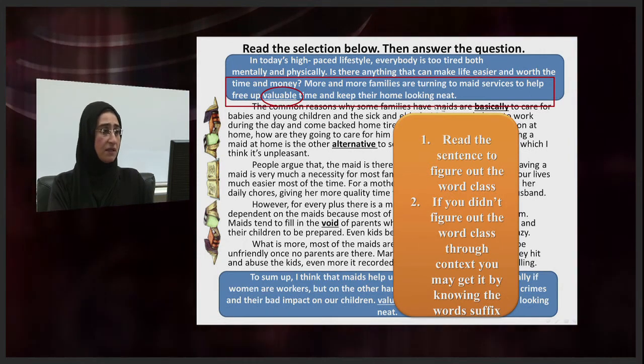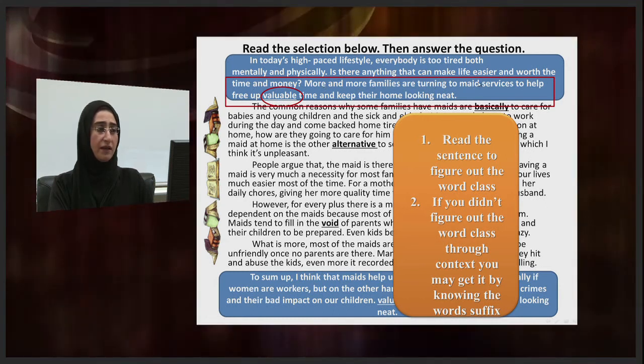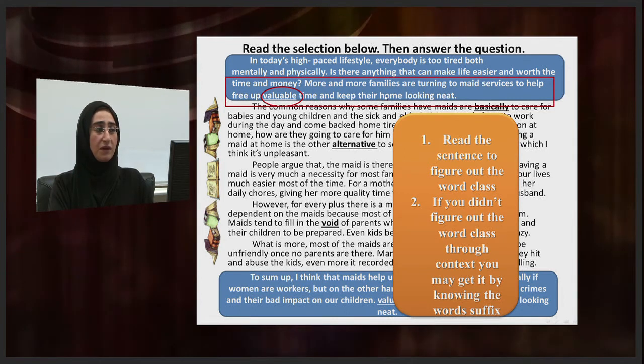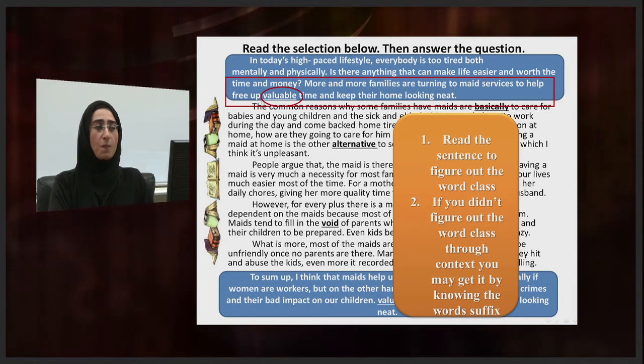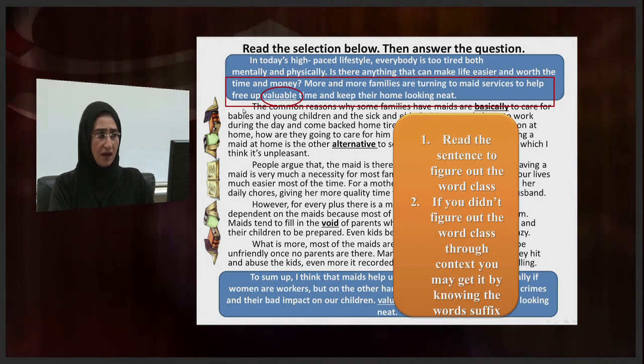Here, let's have a look. It says here, more and more families are turning to maid services to help free up valuable time and keep their home looking neatly. Okay, so while you are reading here, valuable is describing what? Is it a noun, or is it describing a noun, or is it an action?